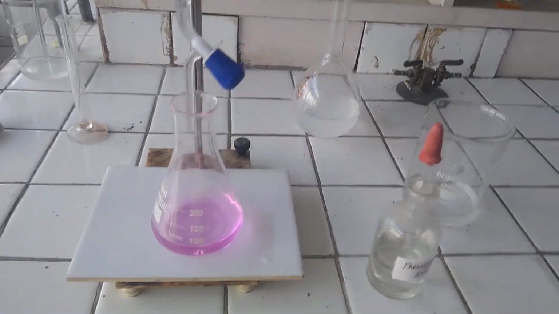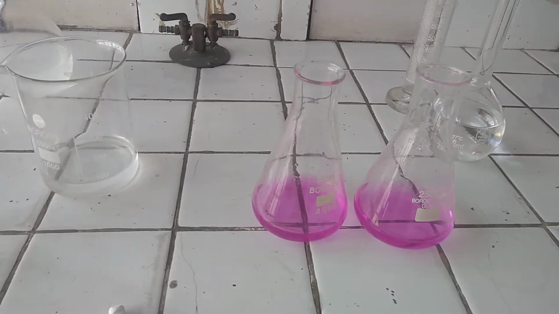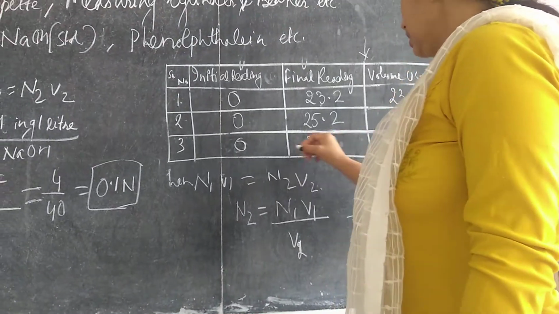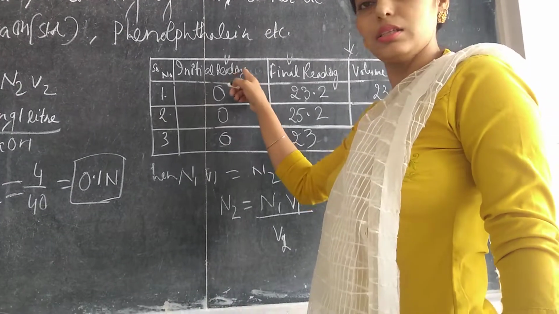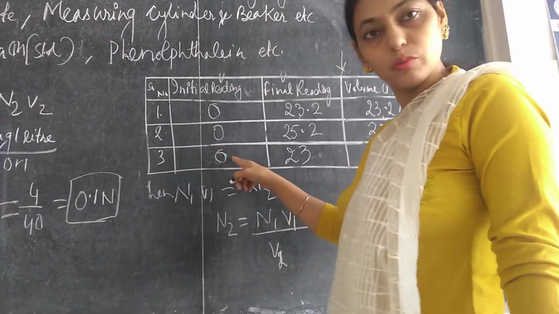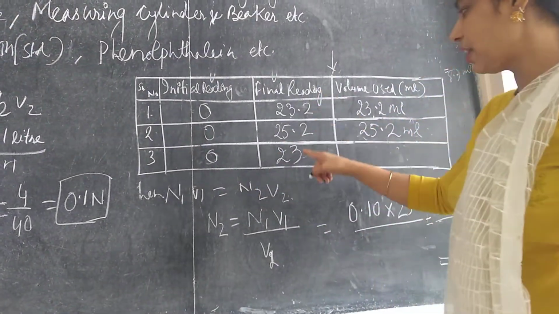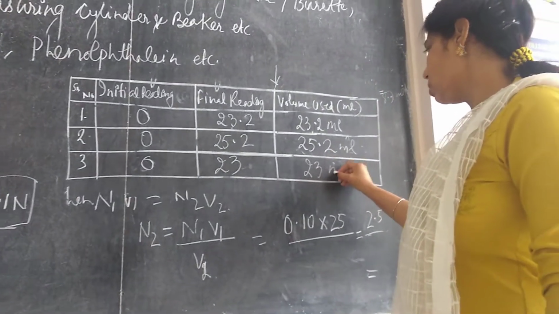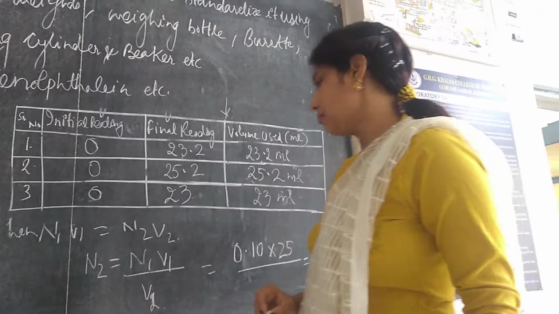See, these are my 3 readings. This one is the 3rd reading and these are the 1st and 2nd. For my 3rd reading, the initial reading was again set on 0 and the final reading is 23, and the volume used is 23 ml.